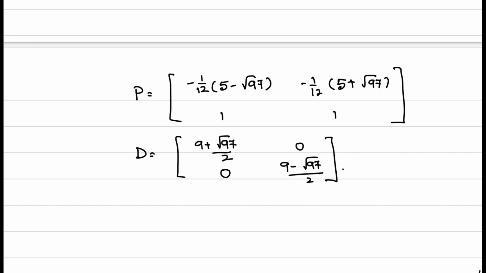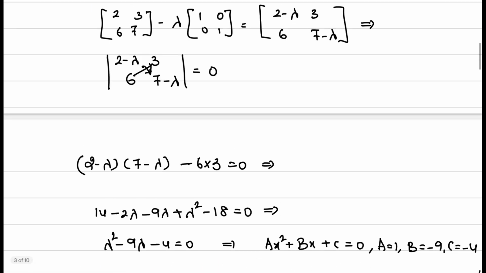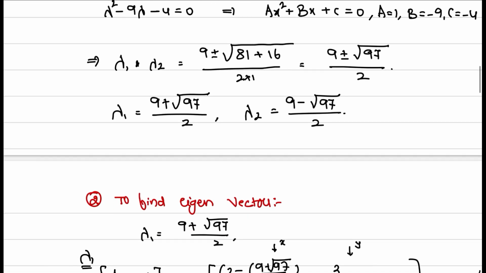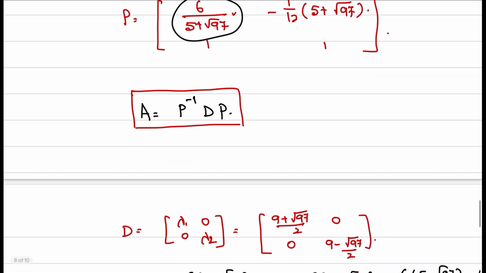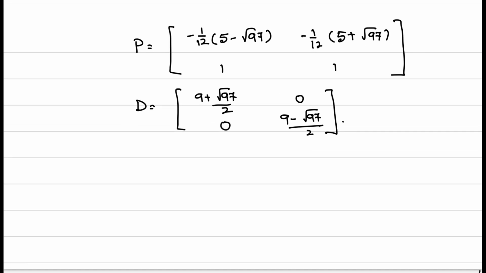This is how a diagonalization of a matrix can be done. We started with a simple 2 by 2 matrix of very nominal values, 2, 3, 6, 7, very simple values. But ultimately it has resulted in a very good answer with some amount of complication.